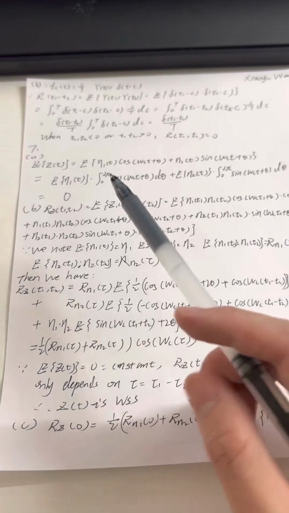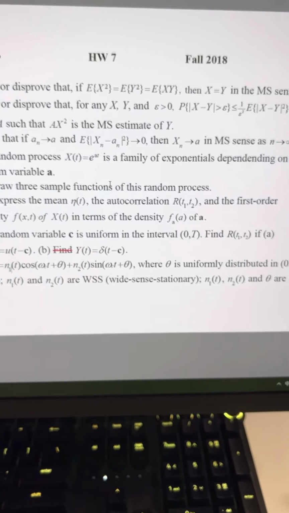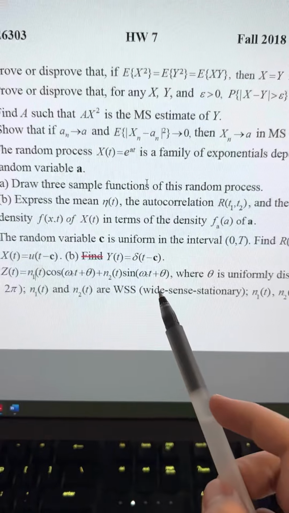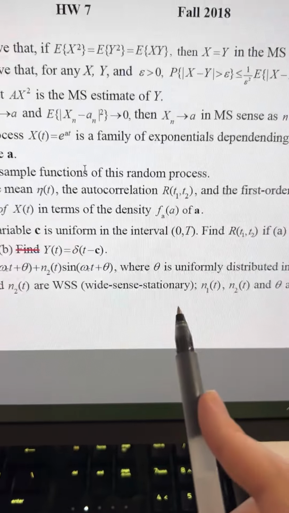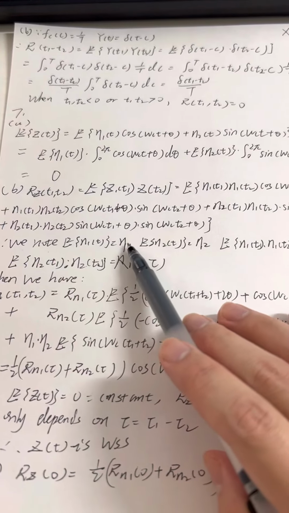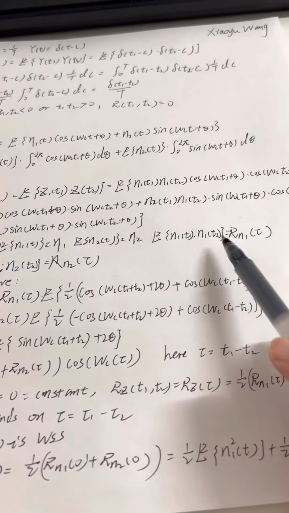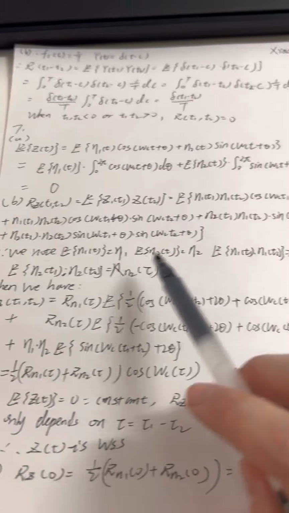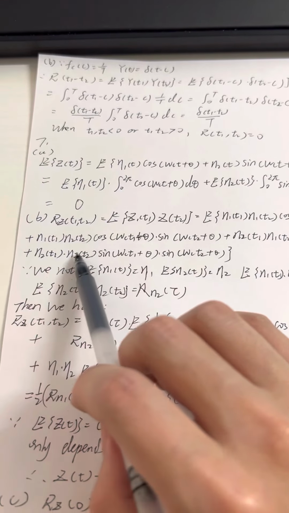We note that the problem has told us that N1 and N2 are wide-sense stationary, so that means the expectations of N1 and N2 are constants, which we can note as a1 and a2, and also note R_N1(tau) and R_N2(tau), because we can see that it has those two parts that we need to consider.